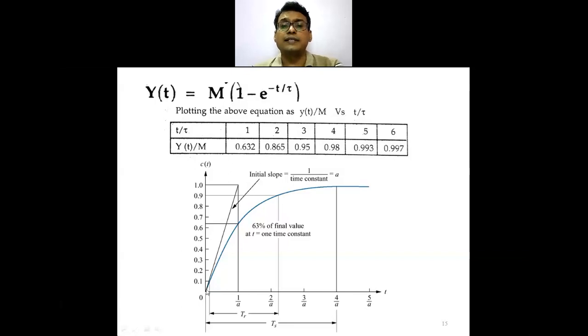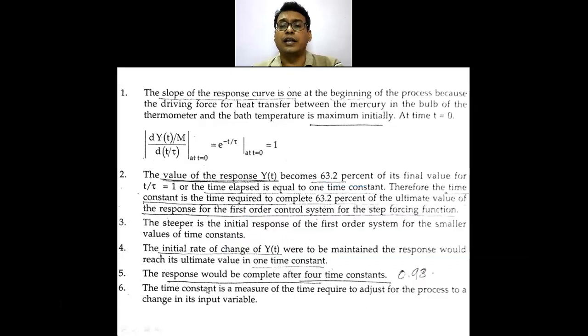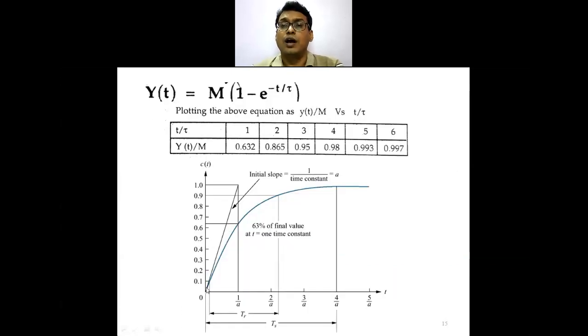Now why is it like this? Initially the temperature gradient is maximum, or whatever the gradient, temperature, concentration, flow gradient, they are maximum initially. But with the passage of time, this gradient also decreases, and as a result it will not attain the initial slope.